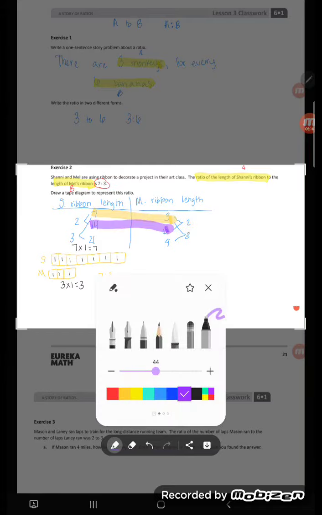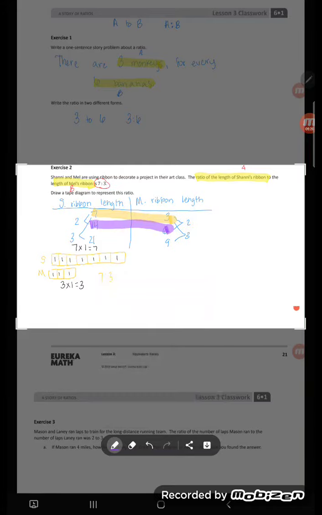Let's see how we could use this information to get this 14 to 6. So I see my 14 to 6. I'm thinking I could keep the boxes the same. So we have Shani, we have Mel. We're going to create that same diagram of 7. 1, 2, 3, 4, 5, 6, 7.